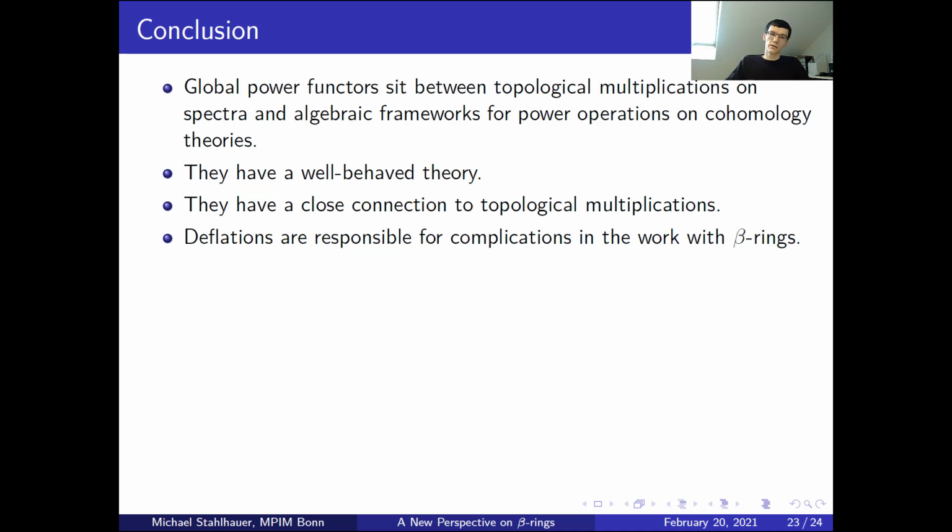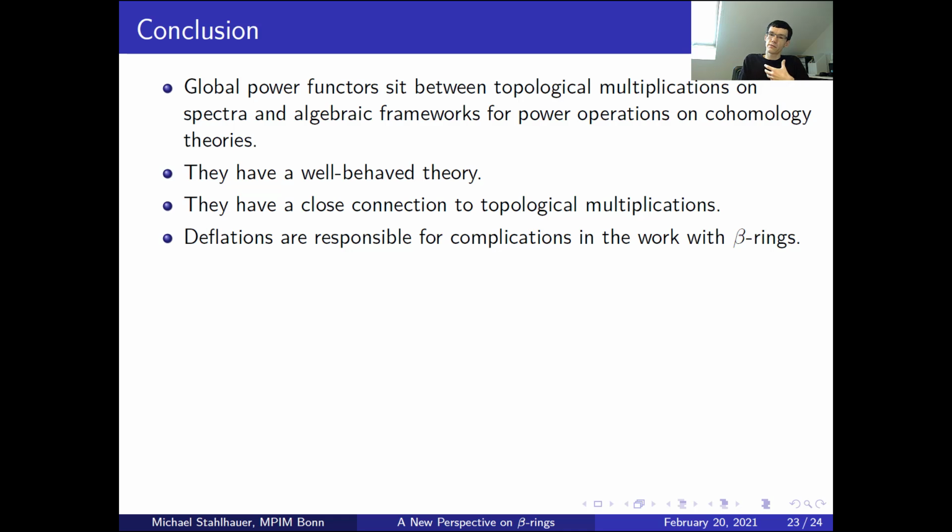And this intermediate step also allows us to understand where all these complications in the work with beta rings come from, which are not present in the work with lambda rings. And it turns out, because both can be refined to global power functors, and this is a nice theory, that all the complications for beta rings really come from this deflation step. That introducing these deflations is responsible for all the complications in beta rings.